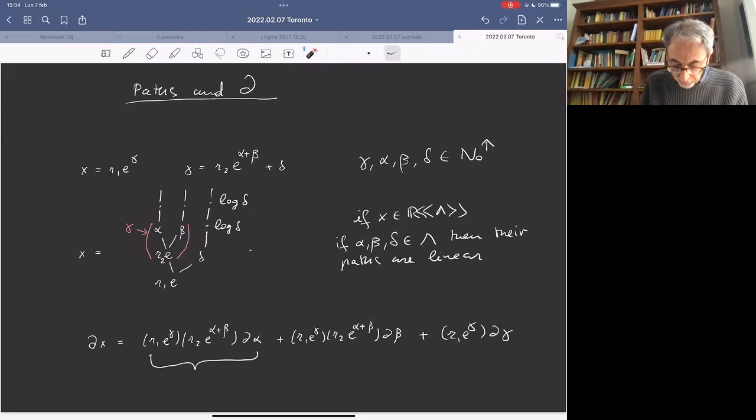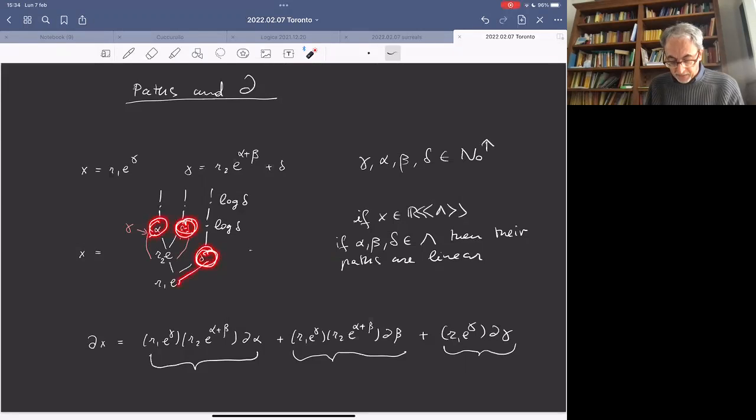So the first path here gives you this, the second path gives you that, and the third path gives you this. So you can just stop at the first time you meet a logatomic number, you stop the path there. You can also continue, but it doesn't matter. This expression will not change if you stop at delta or log delta.